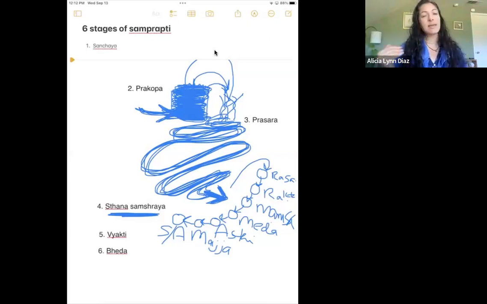And then the next phase is cleansing, where you actually, anything that has been lodged in Sthana Samshraya, in one of those 7 dhatus, the Sapta dhatus or beyond, can then be softened and coaxed out of there. They need to be softened and coaxed out of there.